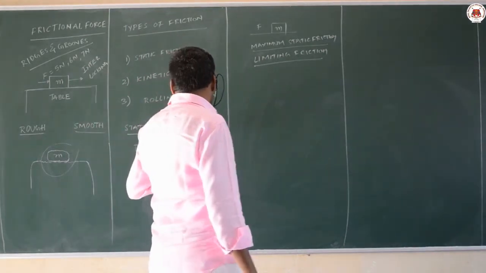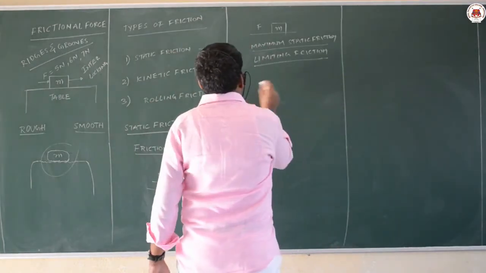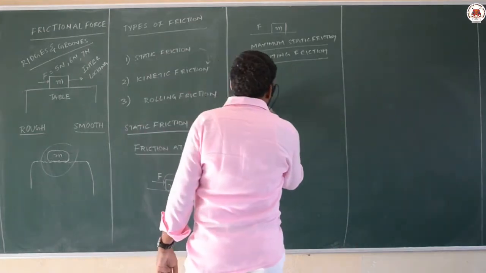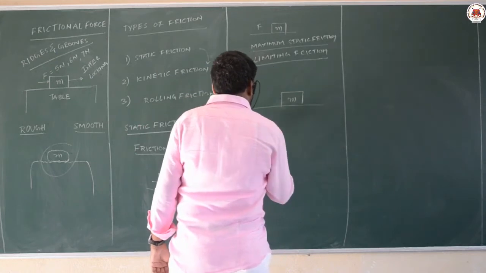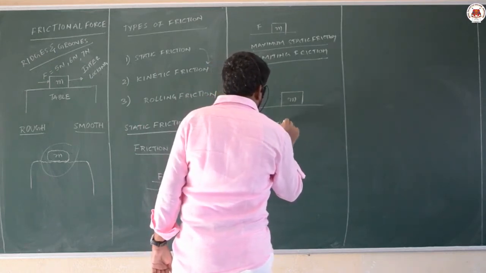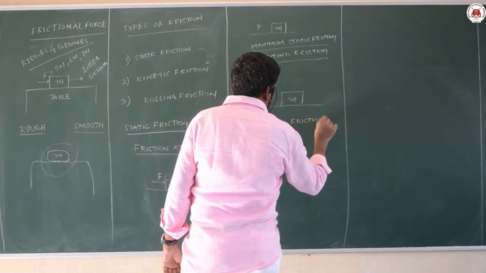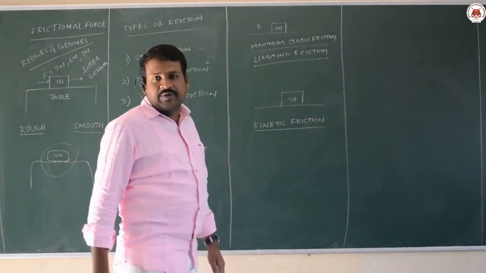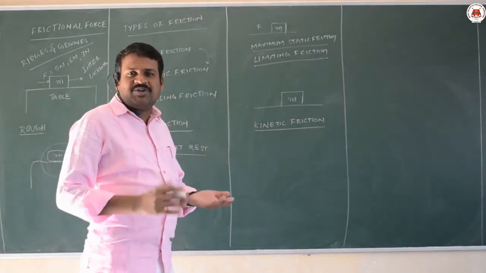And after making this body move, when it is moving, the friction which is present is kinetic friction. This kinetic friction is less than static friction because that is common experience.